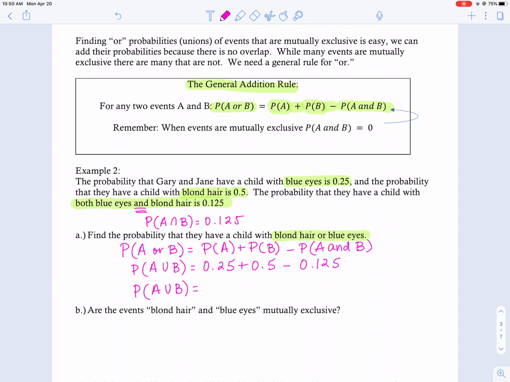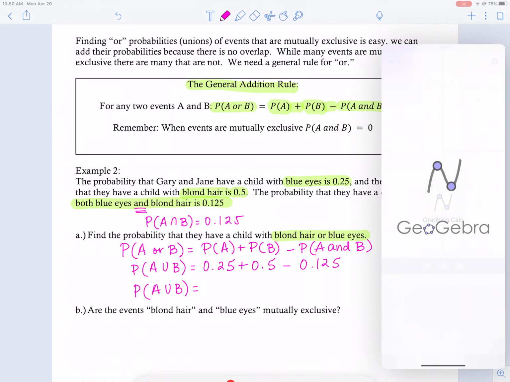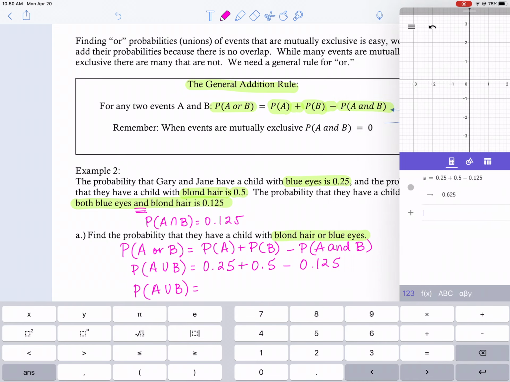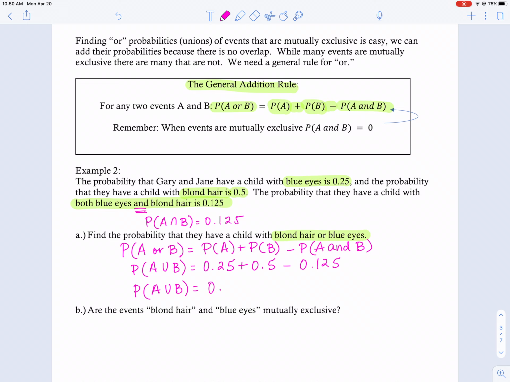So you can go into your calculator. I'm going to just bring it off to the side, and I'm going to do 0.25 plus 0.5 minus 0.125. And there's my number, 0.625. So I'm going to write that, 0.625.